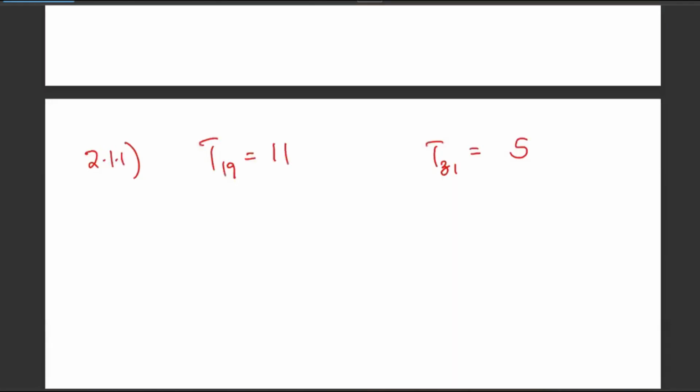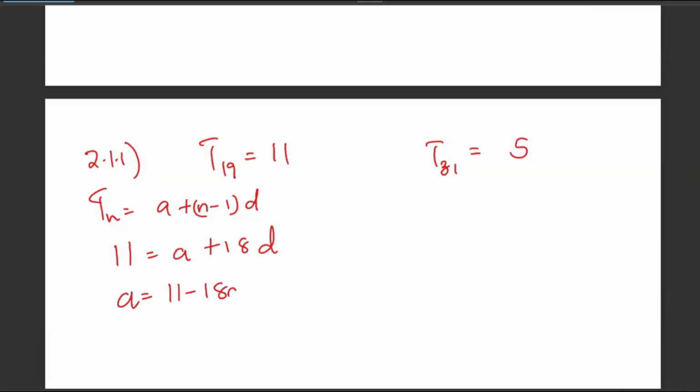Perfect. So let's use the general term of an arithmetic, which is a plus n minus 1 into d. So when we're talking about T19, I'll have 11 is equivalent to a plus 19 minus 1, which is 18d. Then we can make a the subject and say that a is going to be 11 minus 18d.